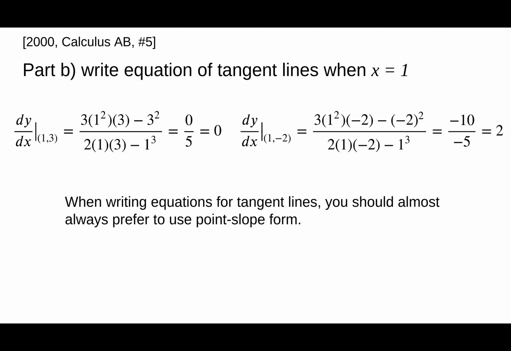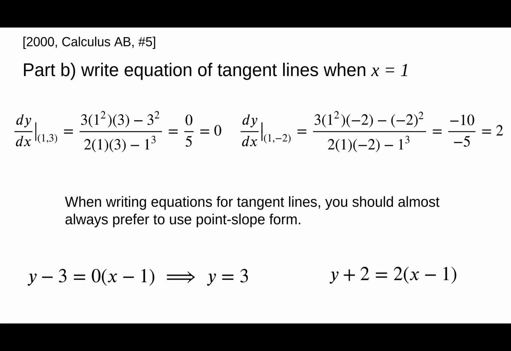However, the first one is a horizontal tangent line, so we might just as well write y equals 3. That would be sufficient. The second one does have a non-zero and non-undefined slope, so the slope is 2, but we also know it has to go through the point (1, negative 2), so if we put that into point slope form, we get y plus 2 equals 2 times (x minus 1).